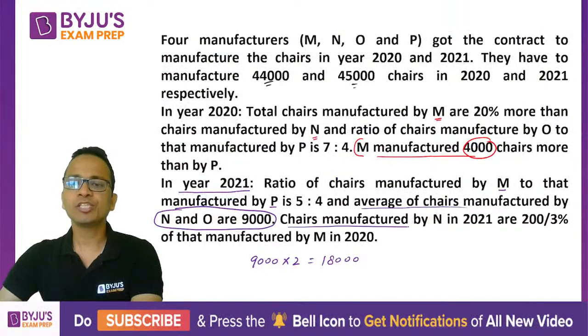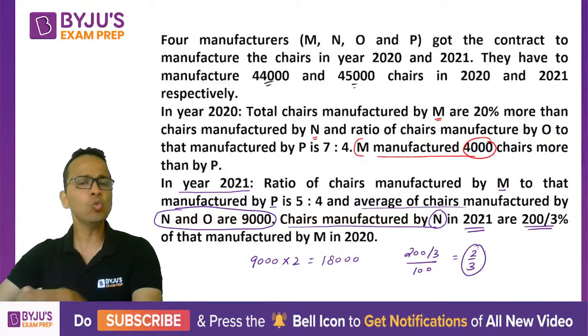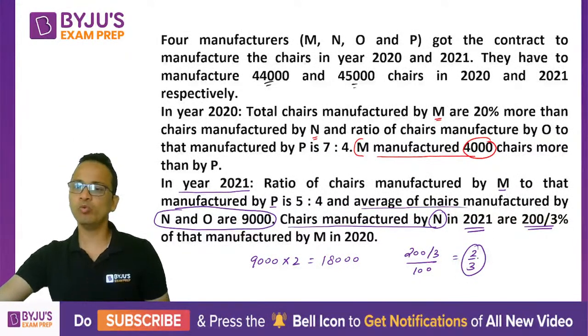The chairs manufactured by N in 2021 are 200 by 3 percentage. Now what is 200 by 3 percentage? 200 upon 3 percentage divided by 100. So that will come out to be 2 by 3. Okay, so 200 by 3 percentage will be 2/3. All right.